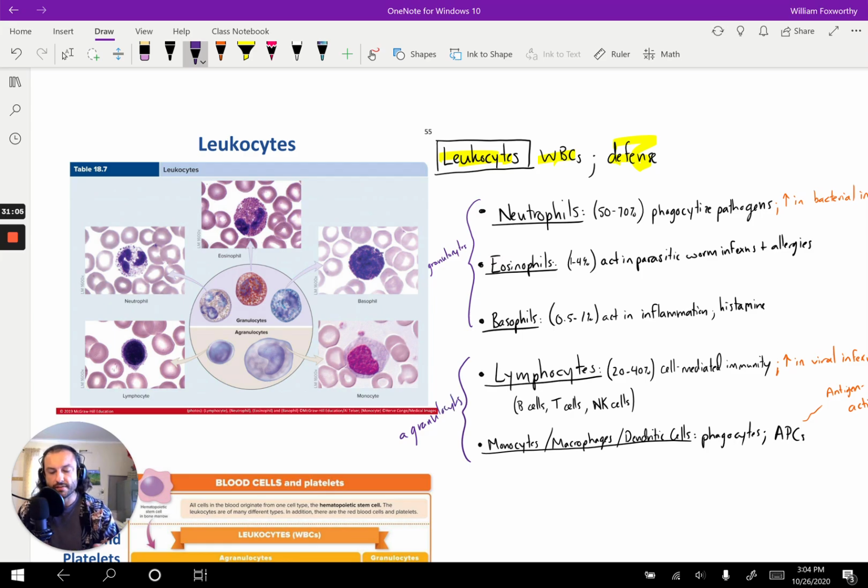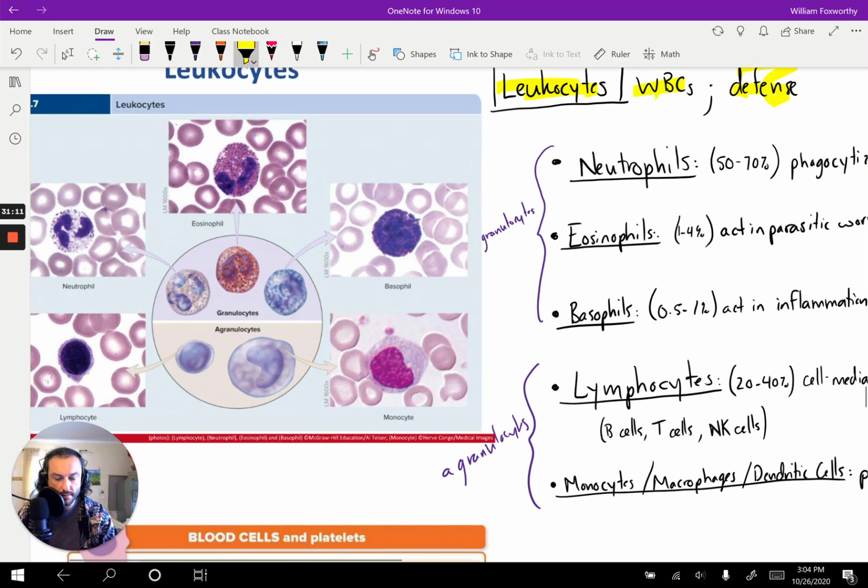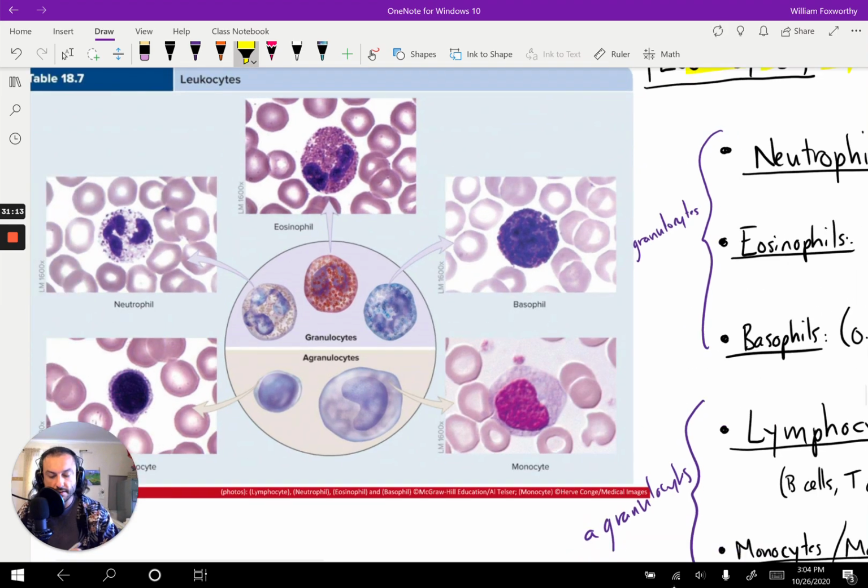This is just a visual distinction where after you do the right stain, if you look at them under the microscope, these guys at the top here have visible granules. You can see these little dots inside of them, and that's what makes them granulocytes.